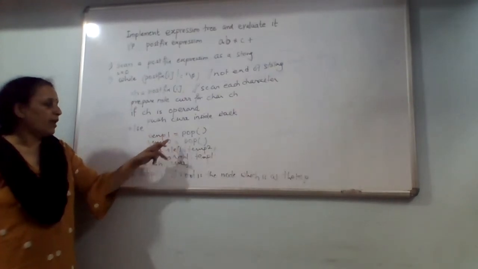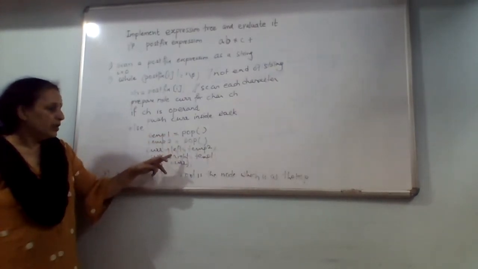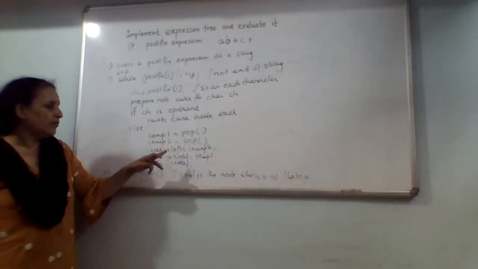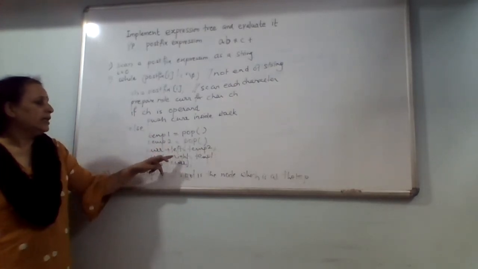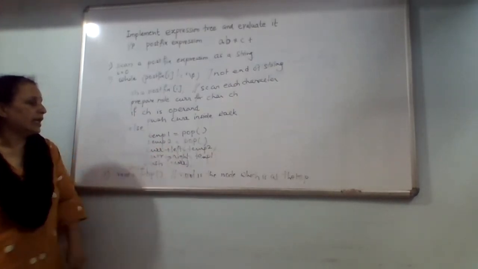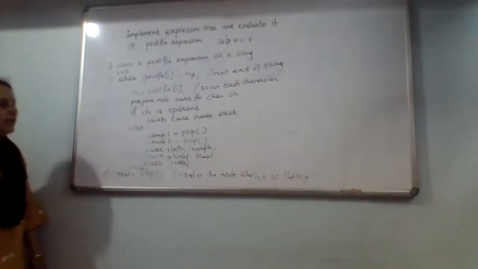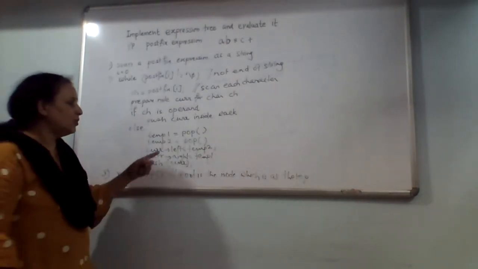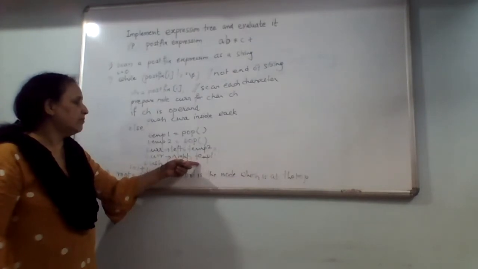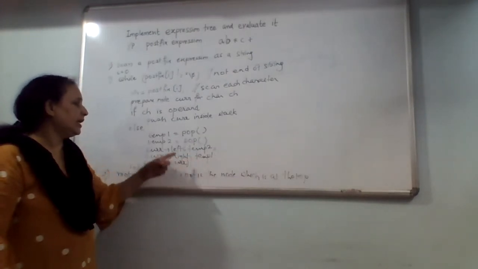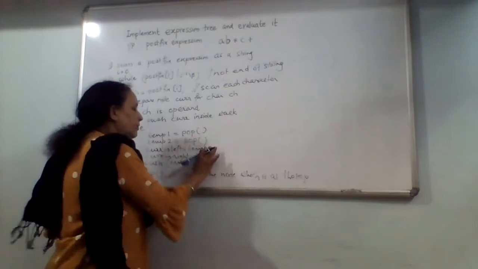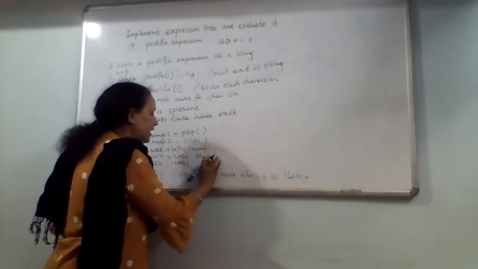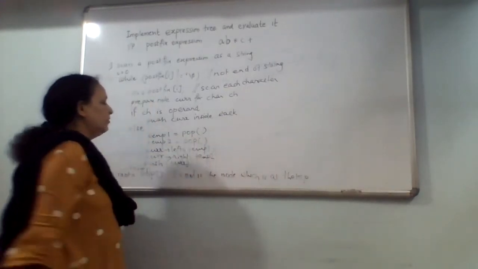The first popped value should be attached to right, and the next value you have to attach to left. Okay. So temp1 will be attached to right, and temp2 should be attached to left.